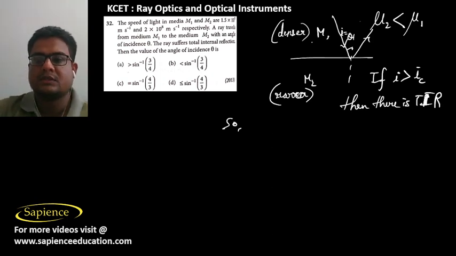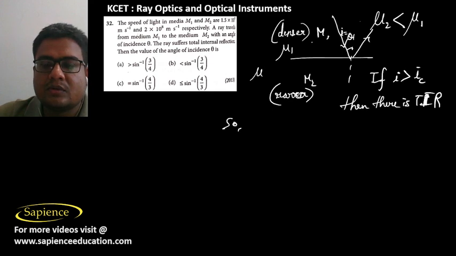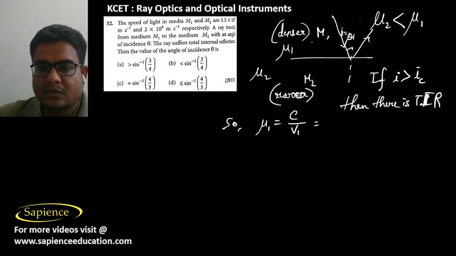So here, if we find the critical angle of incidence, suppose the refractive index is mu1 for medium 1, for medium 2 the refractive index is mu2. So the refractive index of medium 1, that is mu1, that is how much? C by V1. So C is 3 into 10 power 8 meter per second by V1 is 1.5 into 10 power 8.